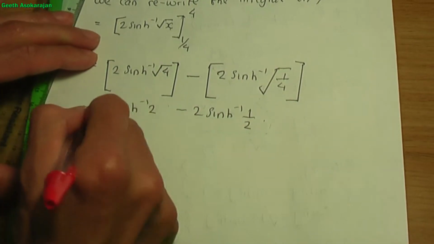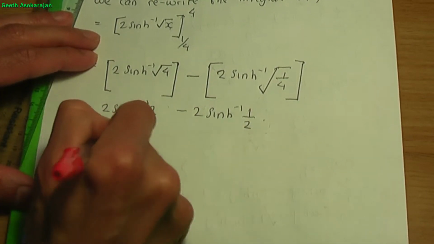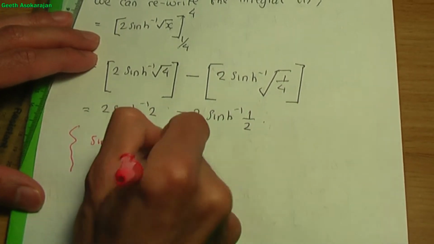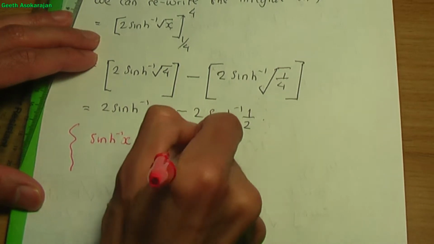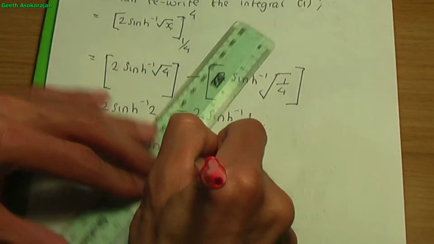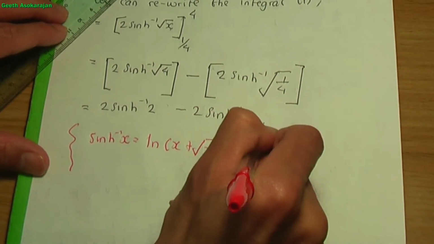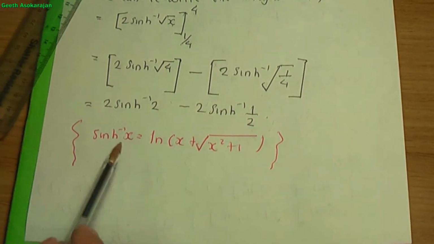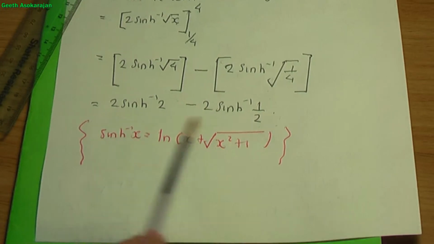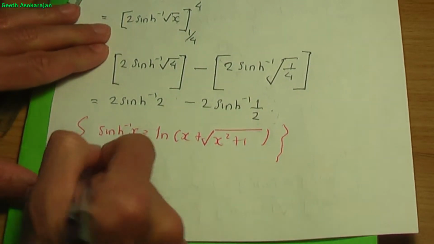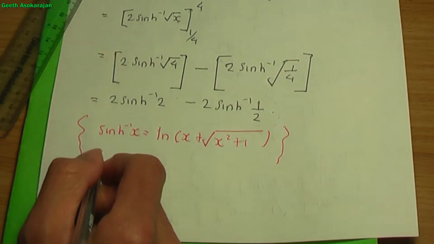So remember the definition: the inverse hyperbolic sine of x is ln of x plus the square root of x squared plus 1. So we can use this definition in order to rewrite our answer in terms of ln. So let's apply this definition.